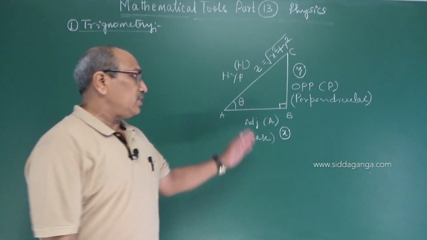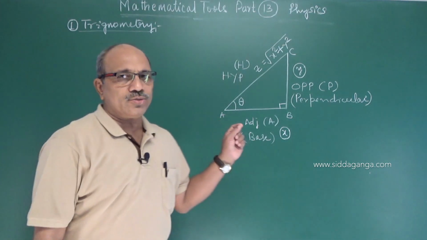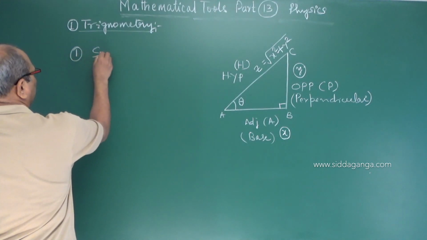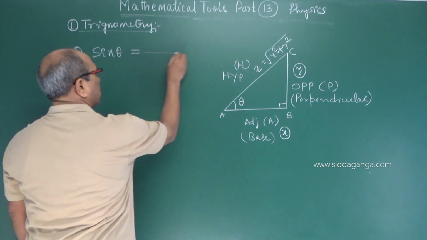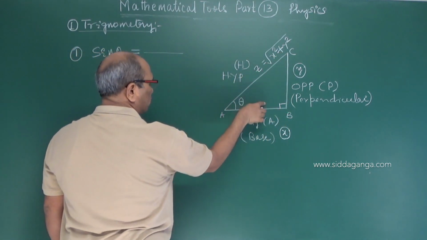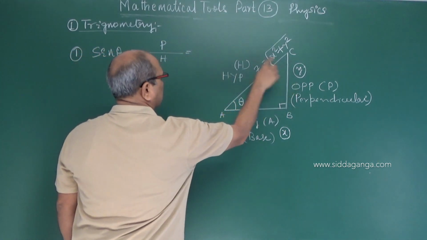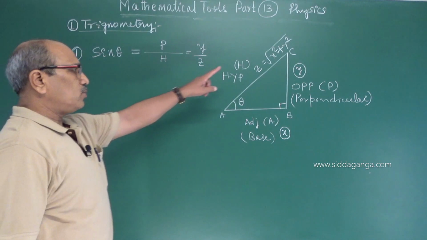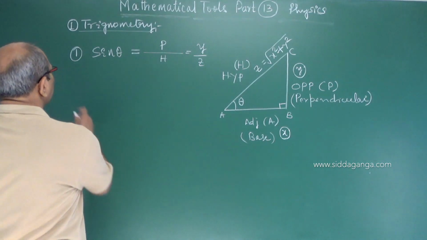On the basis of this naming of the three sides, three basic trigonometric ratios are defined. The first is sine theta, as a ratio of the opposite side to the hypotenuse, that is P by H, or I can write it as Y by Z. Opposite side by hypotenuse gives you the sine function.